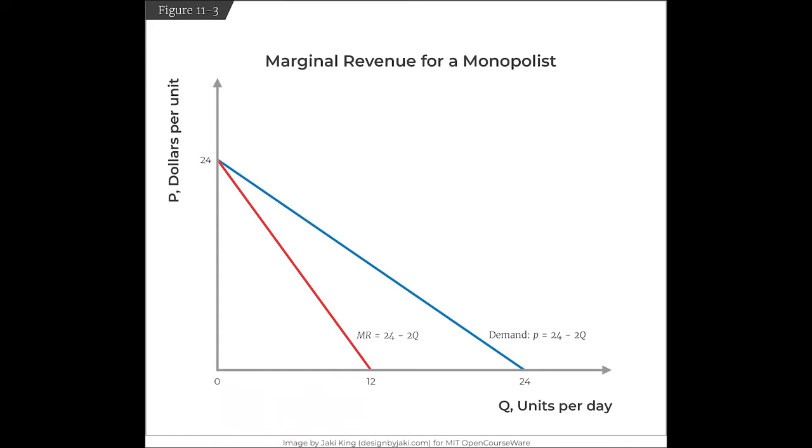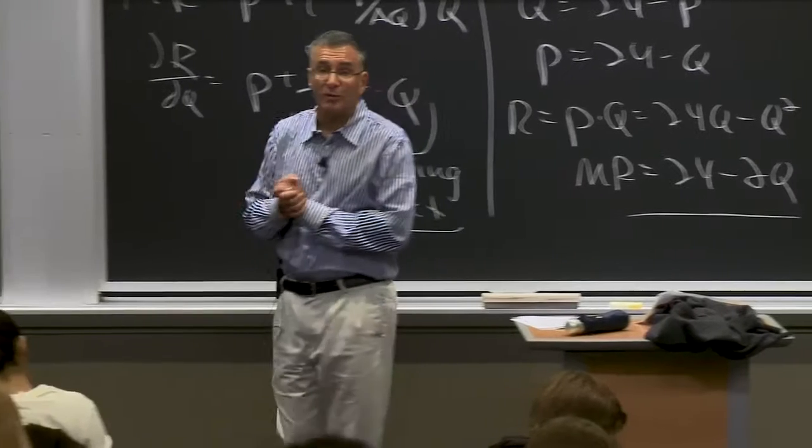Whether it has this nice shifted in relationship depends very much on functional form. But what is absolutely true is the marginal revenue curve is always everywhere at or below the demand curve. Why? Because by selling an extra unit, you're going to make less through this poisoning effect. So the marginal revenue curve is always below the demand curve. All right? Questions about that?